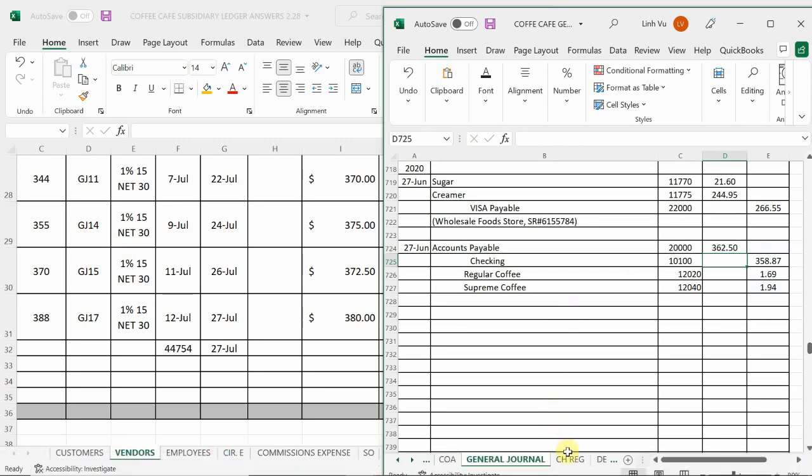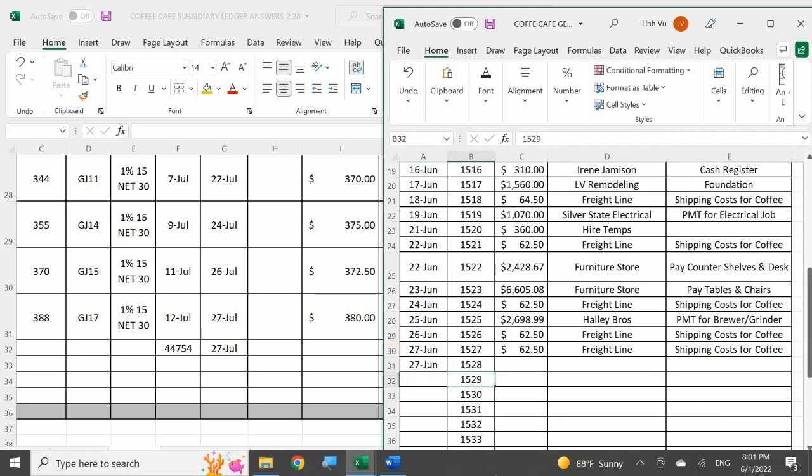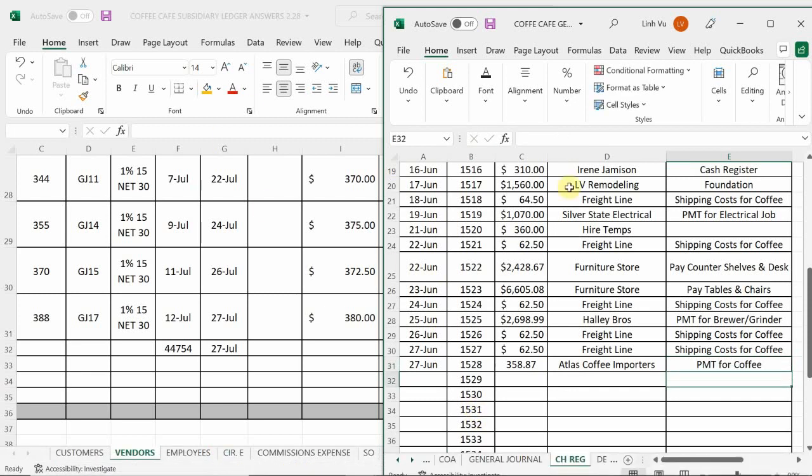Because I'm going to be writing a check, I got to go to my check register. For check number 1528 for $358.87. Who did I make a payment to? Atlas Coffee, for payment for coffee. So 1528 is your check.